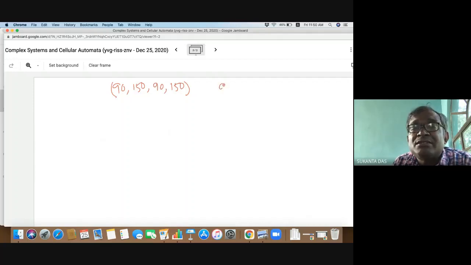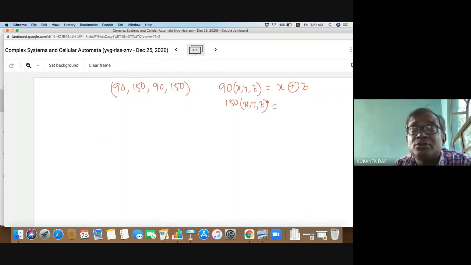For recalling, rule 90 is X XOR Z. In case of 150, with three arguments X, Y, Z, since we are talking about ECAs, it is X XOR Y XOR Z. So in case of 90, a cell depends on the left neighbor and right neighbor only, there is no Y. And in case of 150, a cell depends on itself, the left neighbor and the right neighbor.